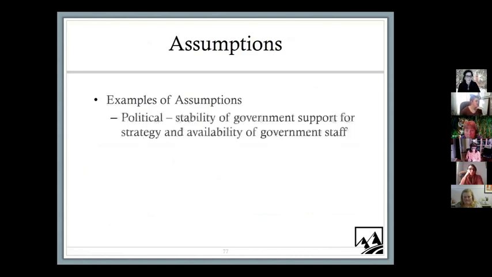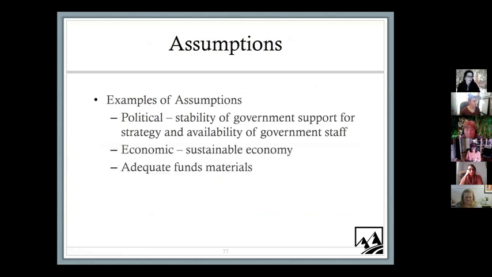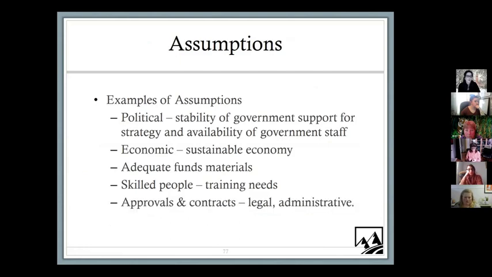Some examples of assumptions would be political ones, as I've said, and economic ones: that there are adequate funds and materials, that there are adequate skilled people, that training needs are met, that you're going to get approvals and contracts with legal and administrative considerations in place, and that your stakeholders are going to participate. These are very worth taking the time to think about, and make sure that you include some language about them in your program planning document and your grant proposal.